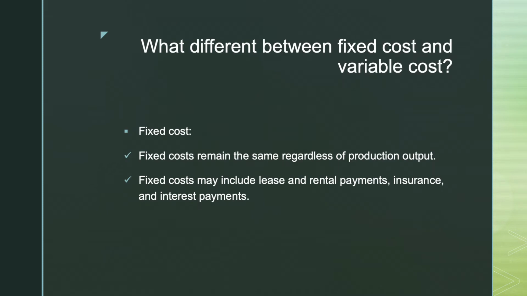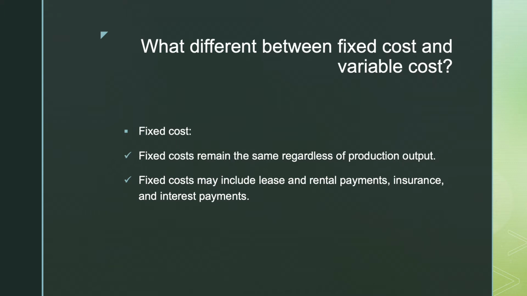But first of all, I'm going to talk about the difference between fixed costs and variable costs because these two terms are going to be used a lot during the video. Fixed costs remain the same regardless of production output. Fixed costs may include lease and rental payment, insurance and interest payment.